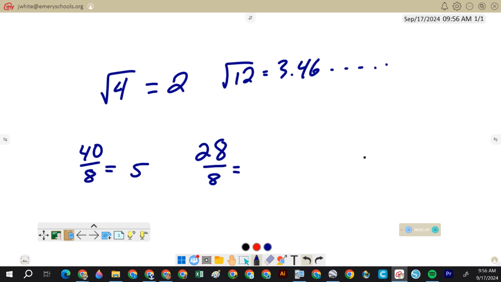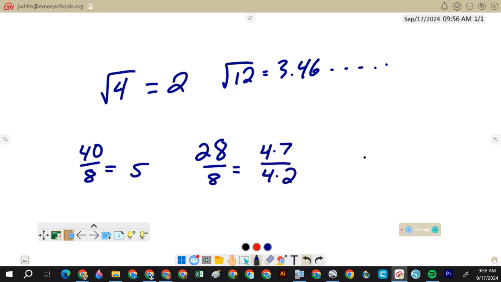That wasn't worth it. So, does 28 divided by 8 come out evenly? No, it doesn't. It's going to be 3.5. However, can I simplify 28 divided by 8? Yeah. I could take, say, a 4 out of each of those. So 4 times 7 over 4 times 2.